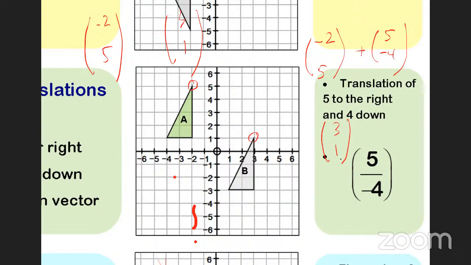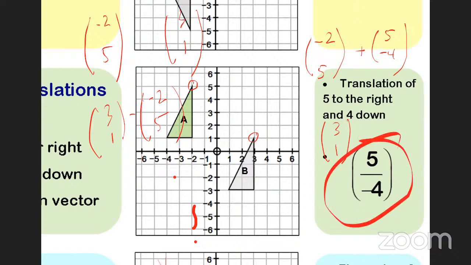Anybody remember? Do the reverse. So it will be 3, 1 minus minus 2, 5. Then you will get the translation, just do the reverse.